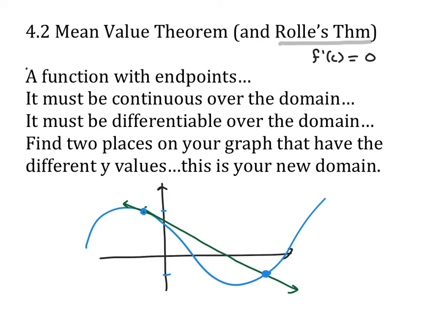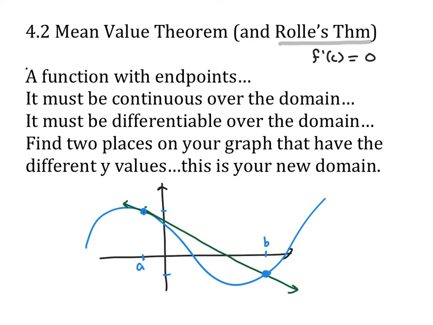Alrighty, so last time we were together, we made sure that the y values were the same, and we said, well, in between those two endpoints, which we called A and B, as long as it's differentiable over that interval and continuous over the closed interval, there had to be at least one place in between where the derivative, or the slope value of the tangent line, had to be 0.